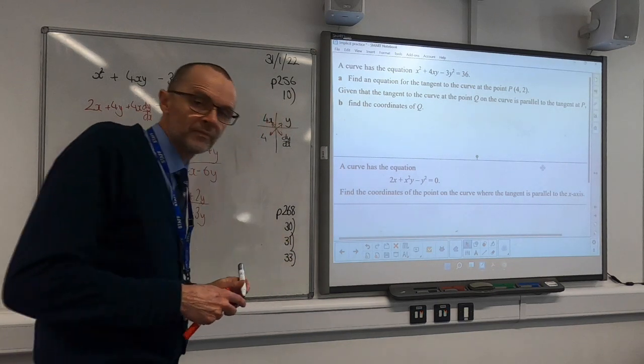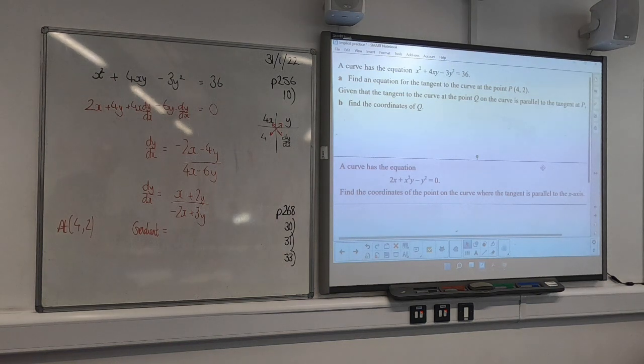What if there was y cubed? Would it just be... Y cubed would be 2y squared dy by dx. No, the 3y? If it's 3y cubed, does it still just have dy by dx? Yes. It doesn't change. Just differentiate as normal, because remember what we're doing is multiplying it as if the y is in a bracket.